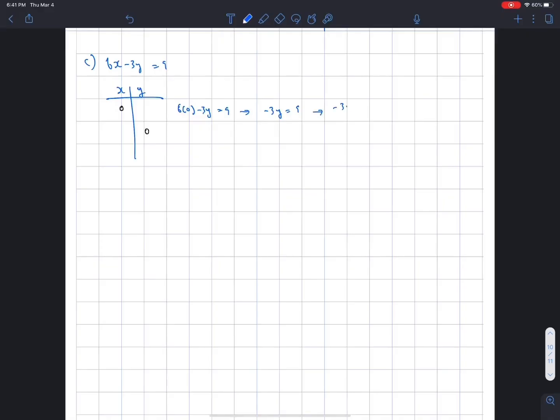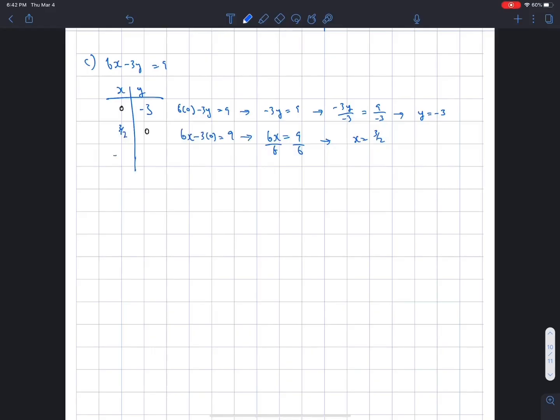Dividing both sides by negative 3, we get y equals negative 3. The next one, we have 6x minus 3 times 0 equals 9. 6x equals 9. And then just divide both sides by 6. We get x equals 3 over 2.